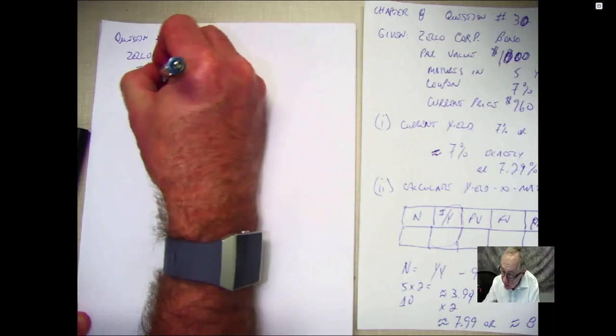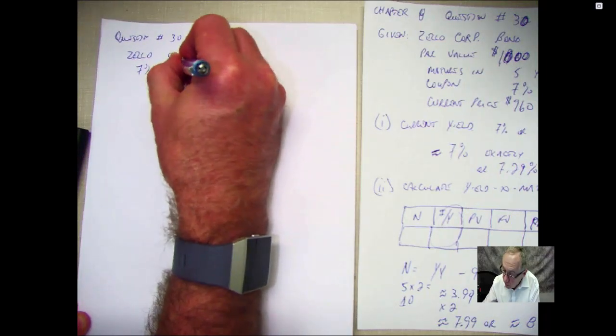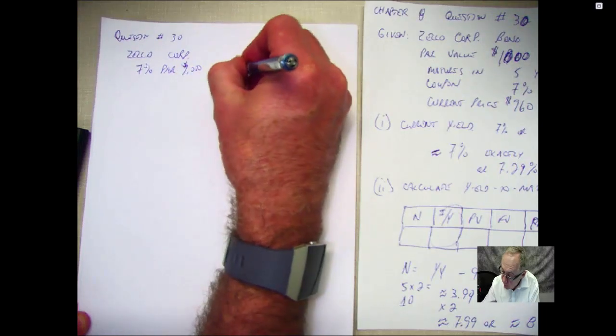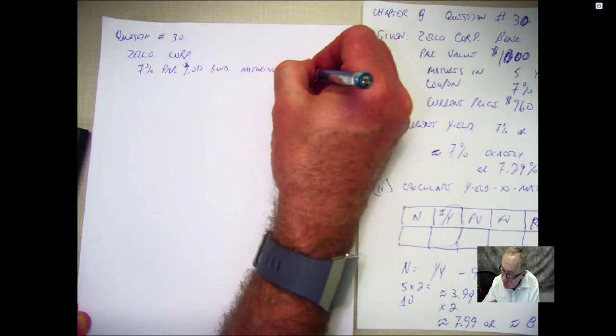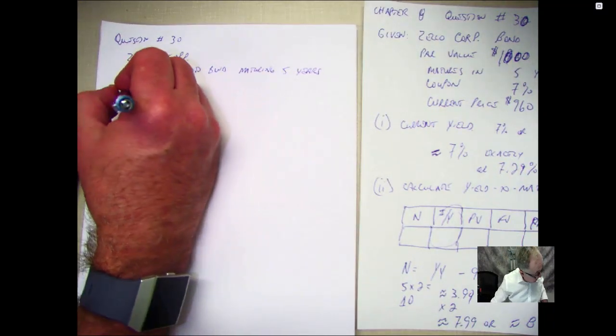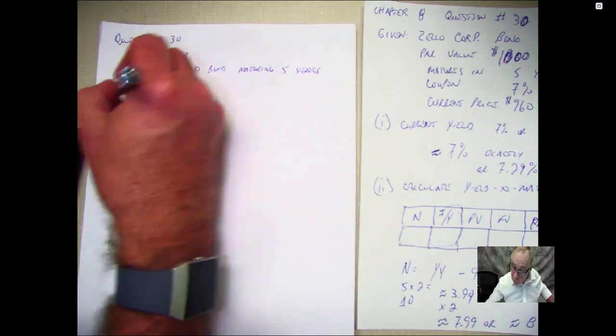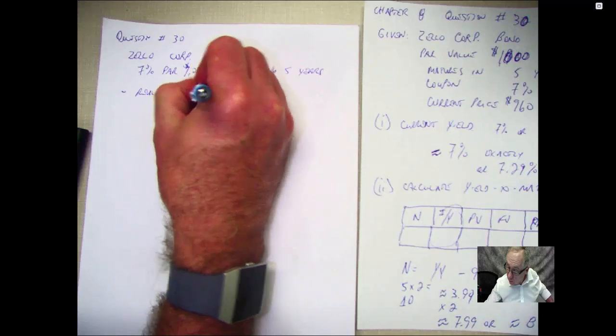It's a 7% par $1,000 bond maturing in 5 years. The question asks for the realized compound yield.